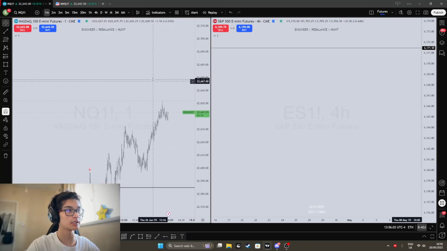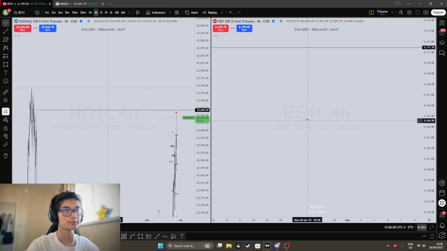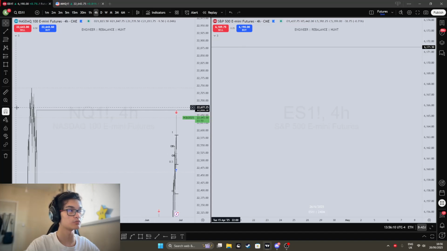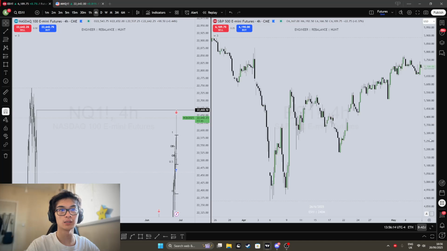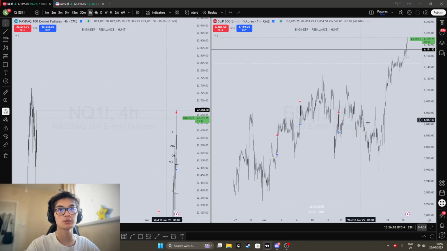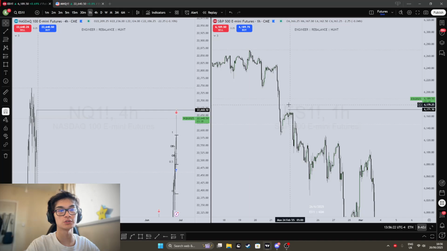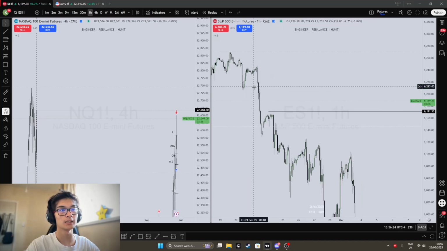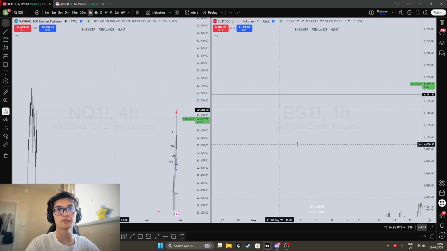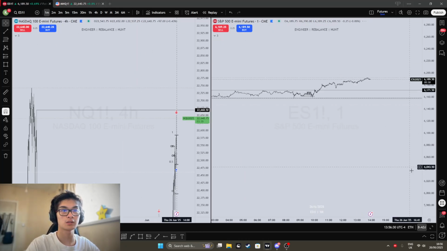But this high over here, the 4-hour high, I don't really like, and it's because it's so far away. And ES, we actually took out draws really quickly. So this was my draw for ES. These fair value gaps I'm not really a fan of, but what's the one over here?